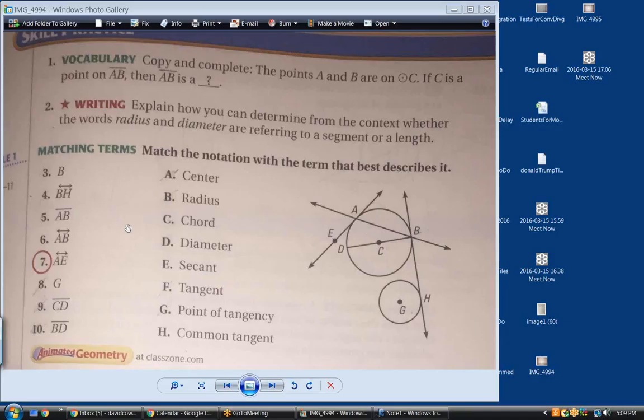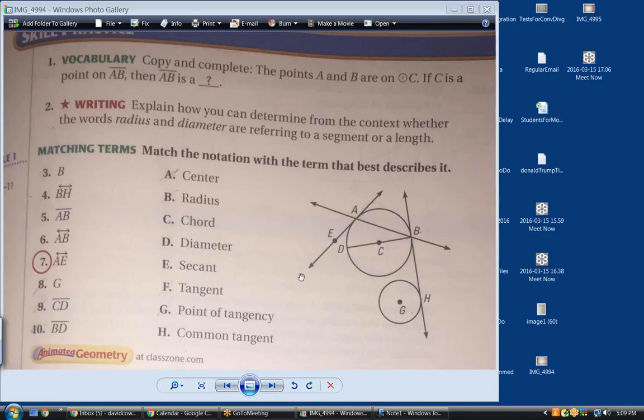A tangent? It's a chord. Notice AB is not touching the circle in one place only. It's cutting it in 2 spots. If I draw from A to B, it cuts this circle there and there, both of which are points of tangency, but the line AB is not a tangent.